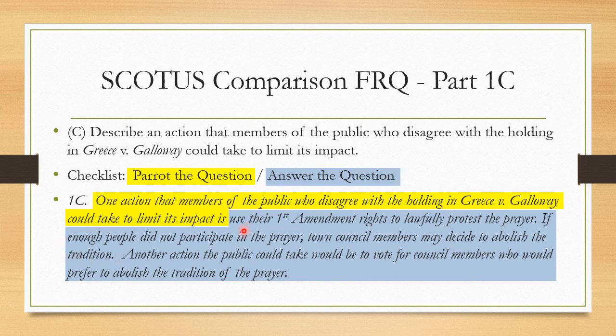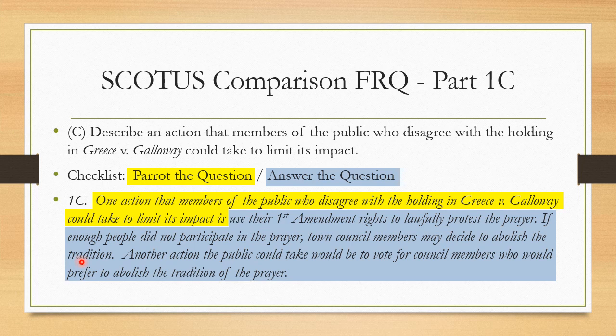So I didn't just stop with protest the prayer. I explained why protesting the prayer would lead to a change. So yeah, a lot of people would stop here, but don't stop there. It's a described point. You have to close the loop. You have to take it full circle. Why would protesting the prayer lead to a change? And then I described it.